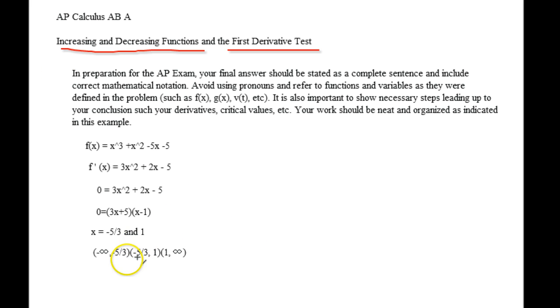What we're going to do is test a point in this interval, this interval, and this interval and actually see if it works. And we're not going to test it in the original function. We're going to test it in the actual derivative.